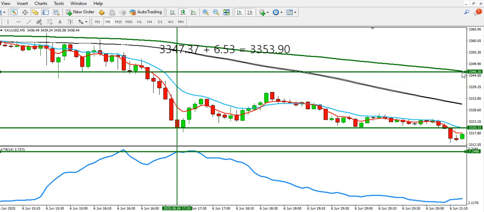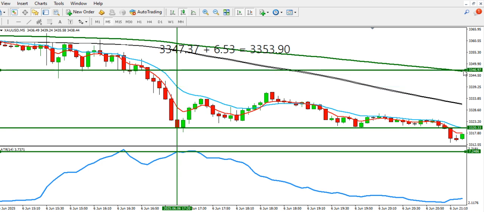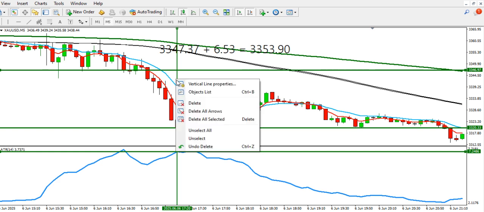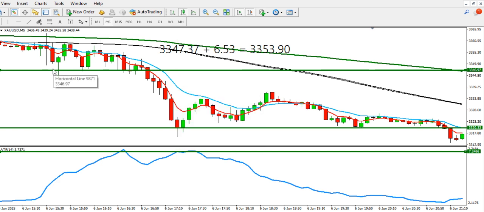Let's just assume 3346 is the calculation. So our stop loss will be here. Then to get the take profit, that will be the distance from this particular stop loss area up to the high. Don't forget, to the high for short trades of that signal candlestick.